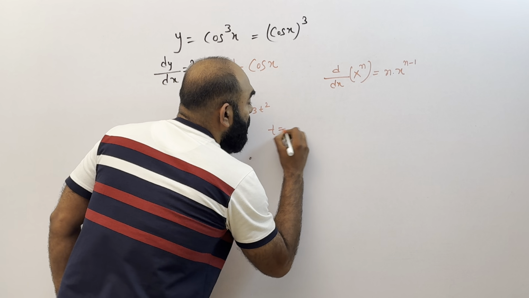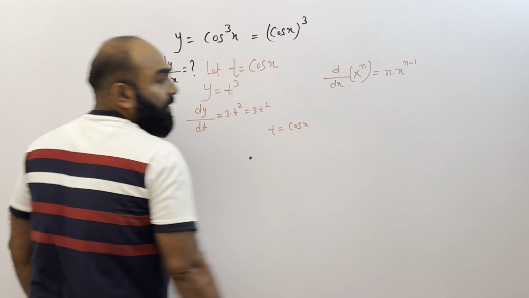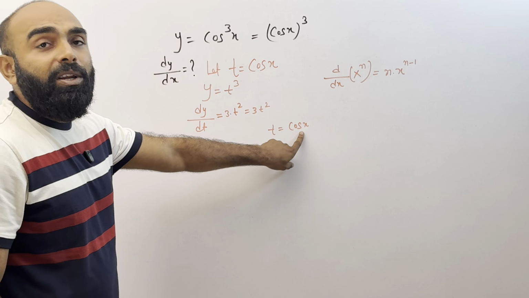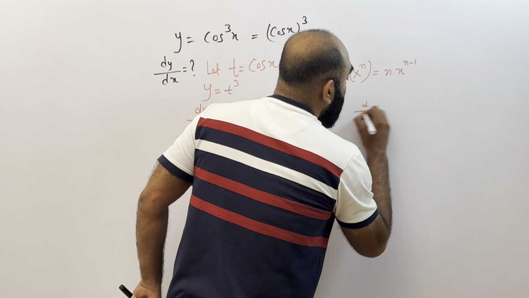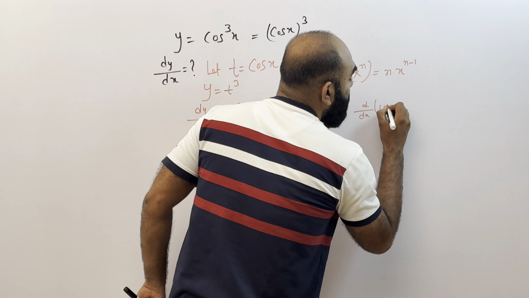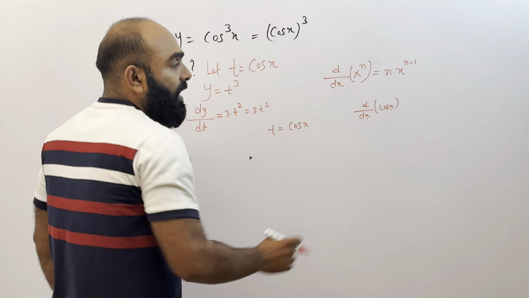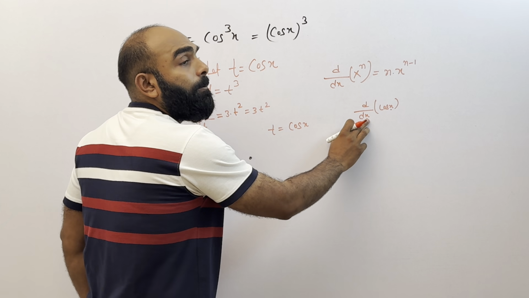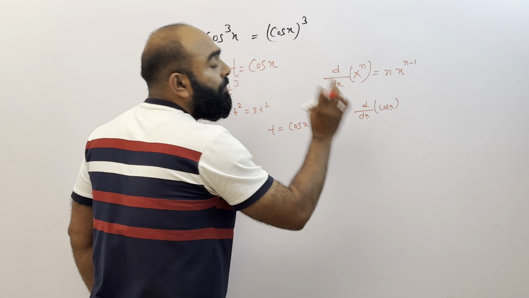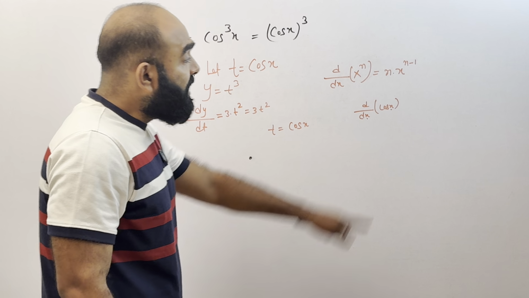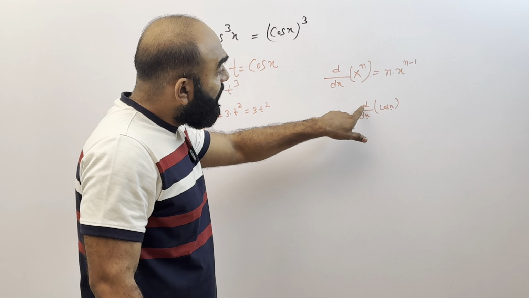Now what is your t? So t is equal to cos x. Now t is a function of x. We know d by dx of cos x. If it is x here, I have to differentiate with x. If it is t, I have to differentiate with dt. See how I will read here.